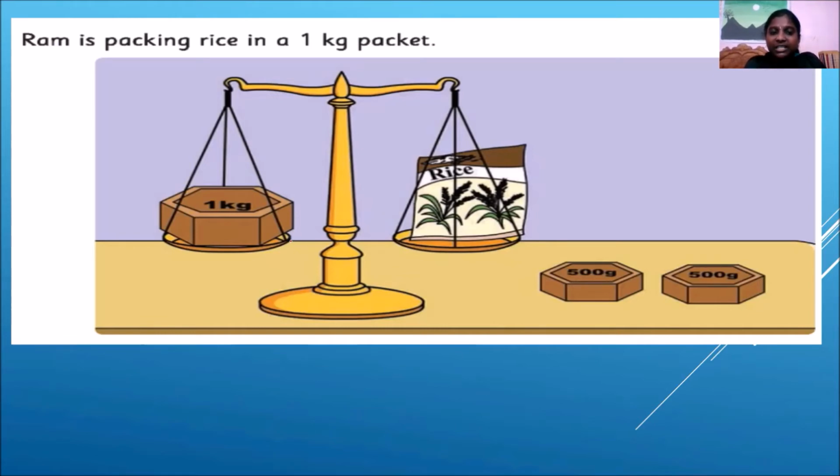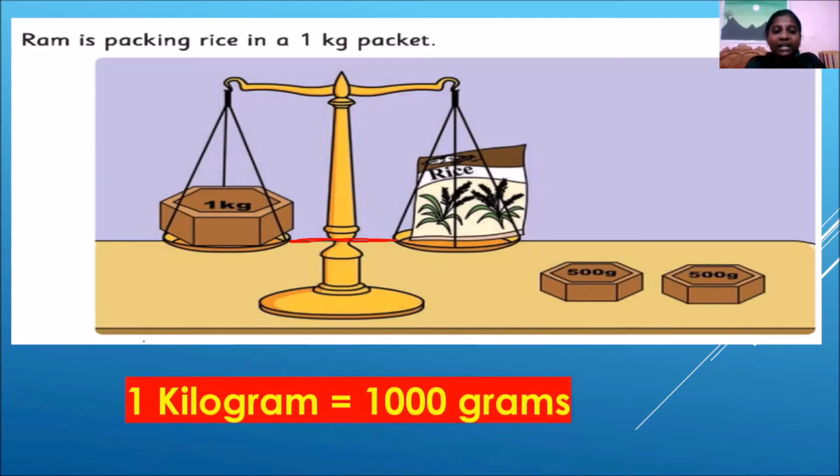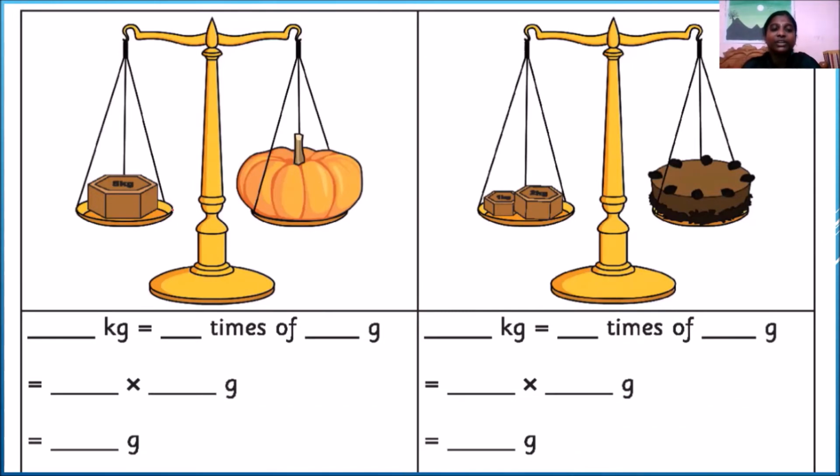Since you can see the weighing balance is balanced, we can write 1 kilogram equal to 1000 grams. He marked it correctly.